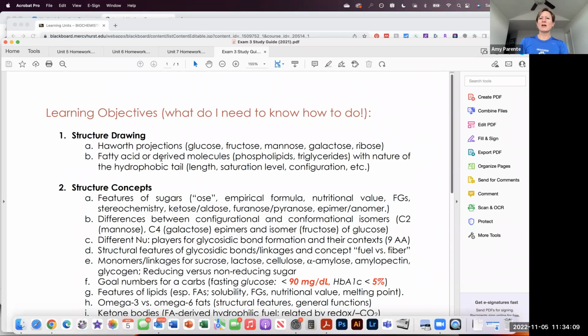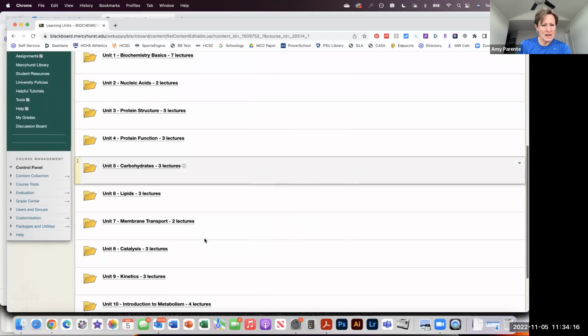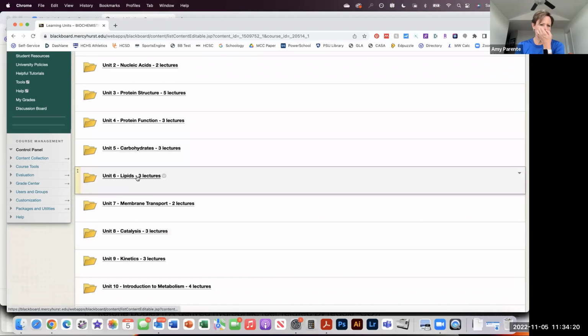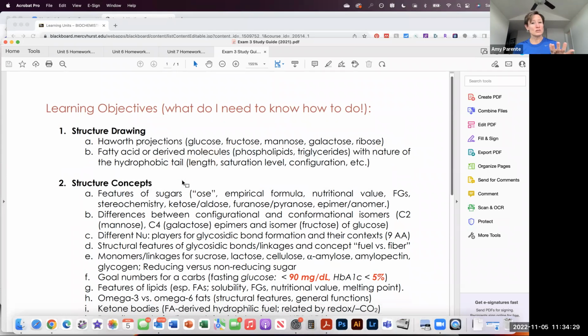It's certainly more carbohydrate focused because we spent more time on that. Going over to Blackboard, we had 3 lectures on carbohydrates, 3 on lipids, and only 2 on membrane transport. So kind of an easy breakdown that way. For structure drawing, you're going to need to know, and I'm looking at the exam here.